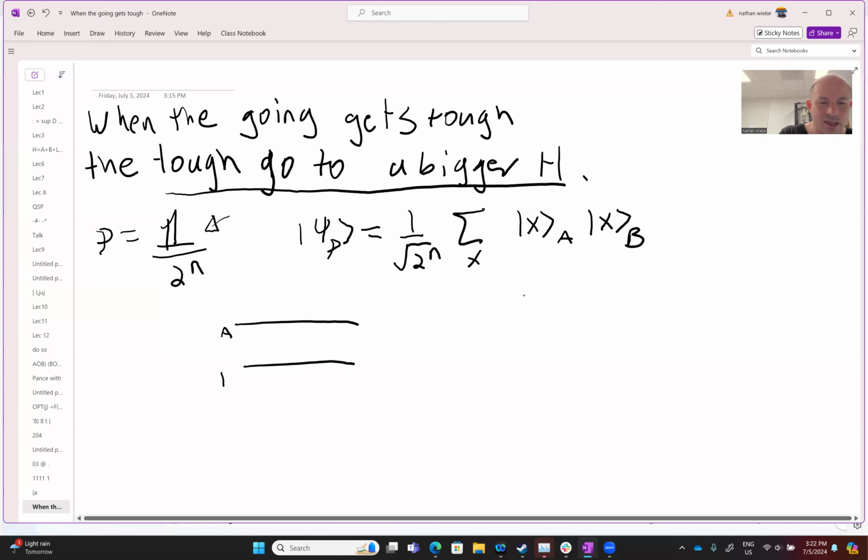If this is register A and this is register B, we have our state psi rho, which is a purification of rho. Note that if this density matrix is an n-qubit one, it is in C^(2^n x 2^n), and this state over here is in C^(2^(2n)).